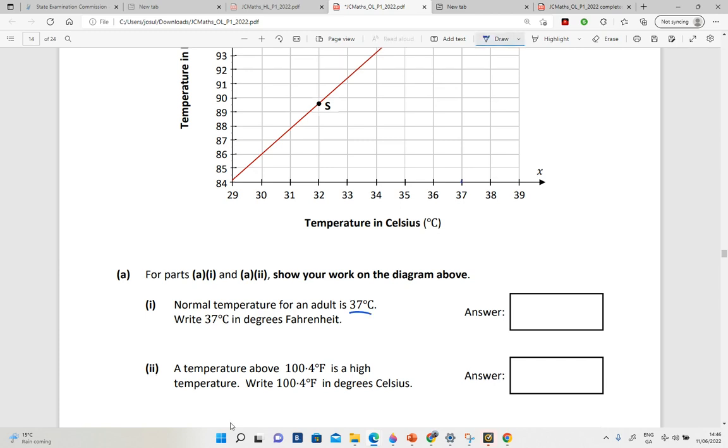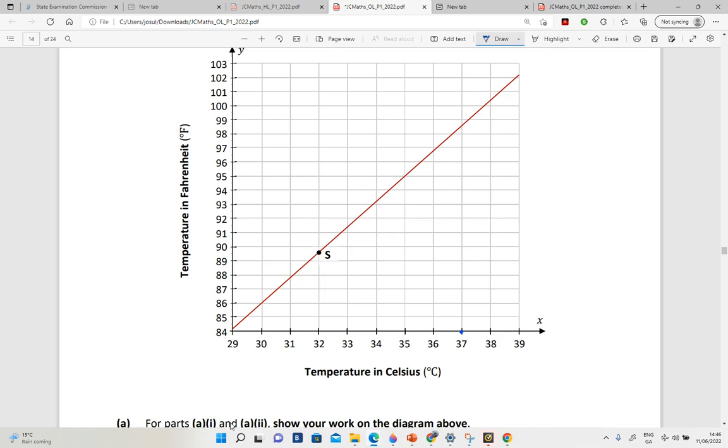So 37 is there. They want you to write that in Fahrenheit. Okay, so if we go up here and plot our line, okay, so the Fahrenheit number is 98 point something. Looks about 3/4 way up that line, so we're going to say 98.7.